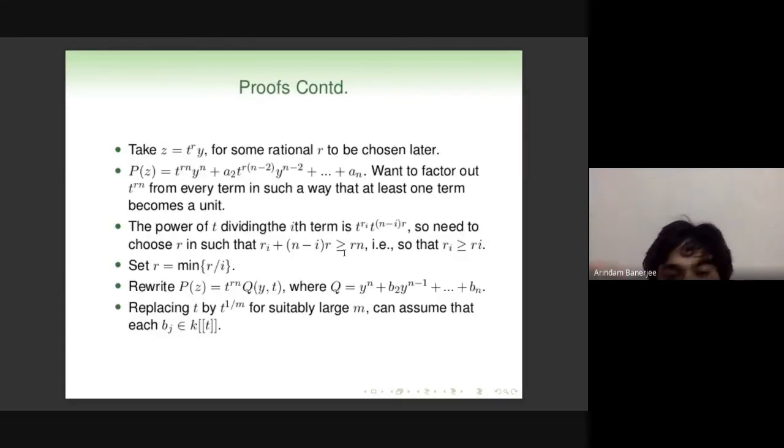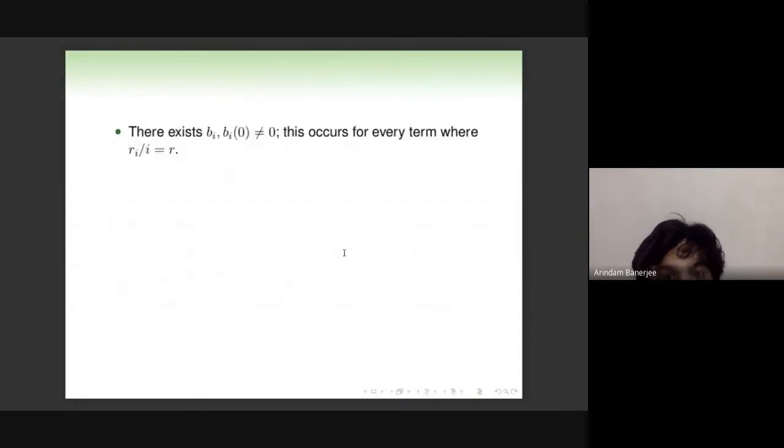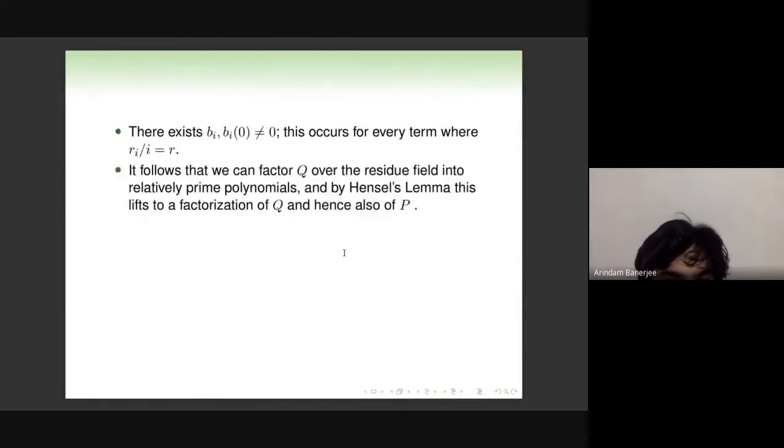So is it okay so far, all the transformations and calculations? You're basically doing a fair amount of change of variable and making sure that certain coefficients behave in a certain way. So there exists bi such that bi(0) is non-zero, and this happens for every term where ri/i is r.